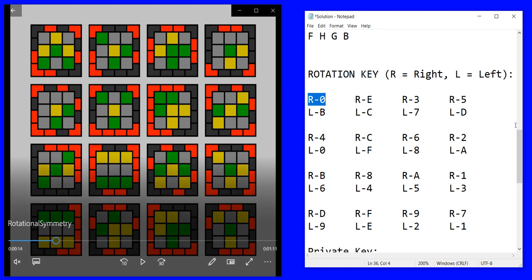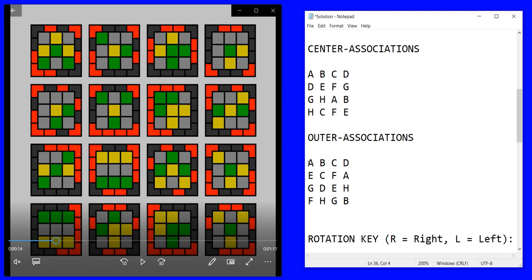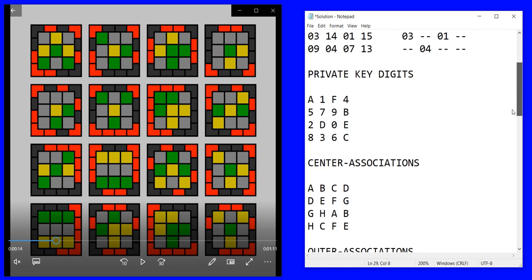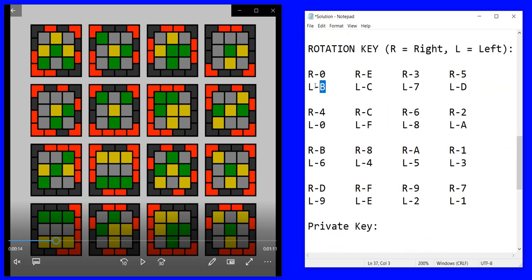Now if that one were to rotate left, we'd have to use the outer pattern. So this A, well, the other A is here, and that position in the private key digits table is a B. So a left rotation there is going to be a B in the private key.